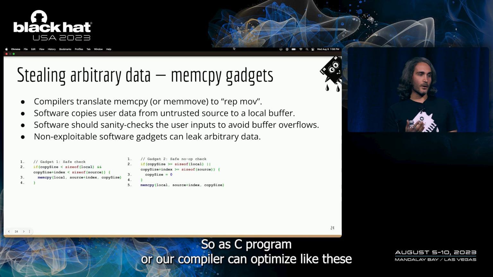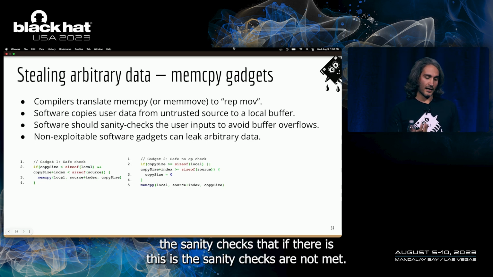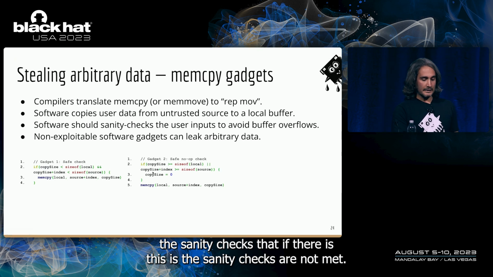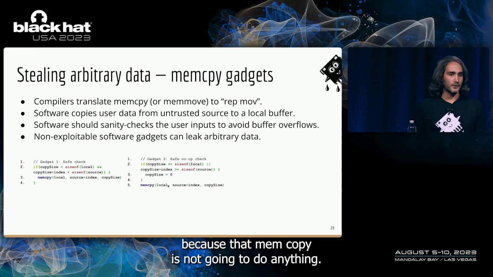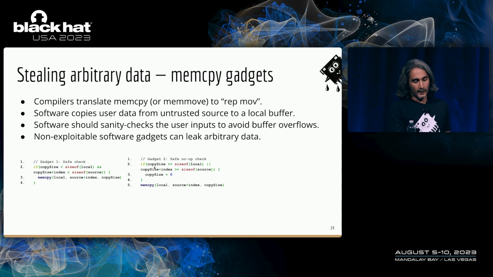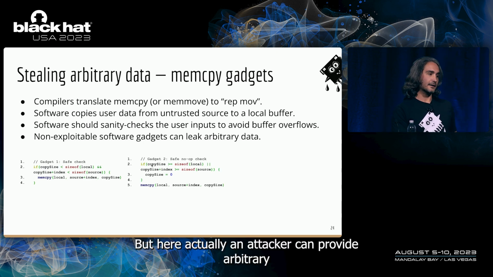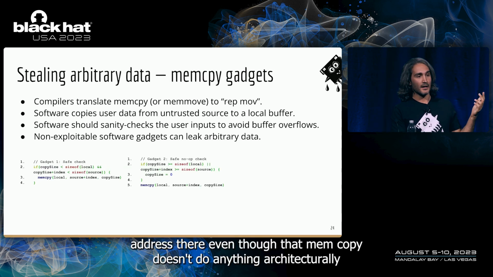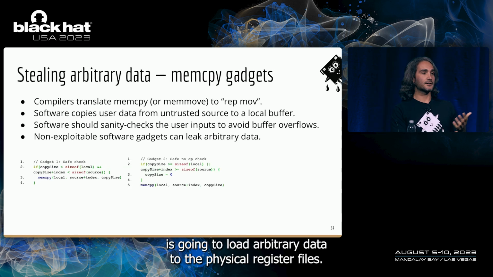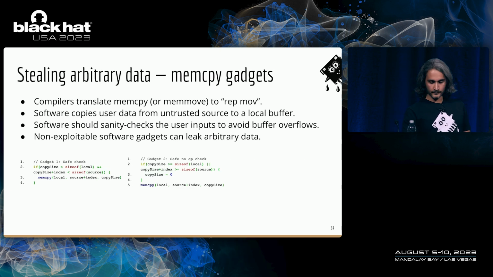So a C program or a compiler can optimize these sanity checks: if the sanity checks are not met, put the copy size to 0, and this is a safe operation because that memcopy is not going to do anything. But here, actually, an attacker can provide an arbitrary address there, and even though that memcopy doesn't do anything architecturally, it is going to load arbitrary data into the physical register file.